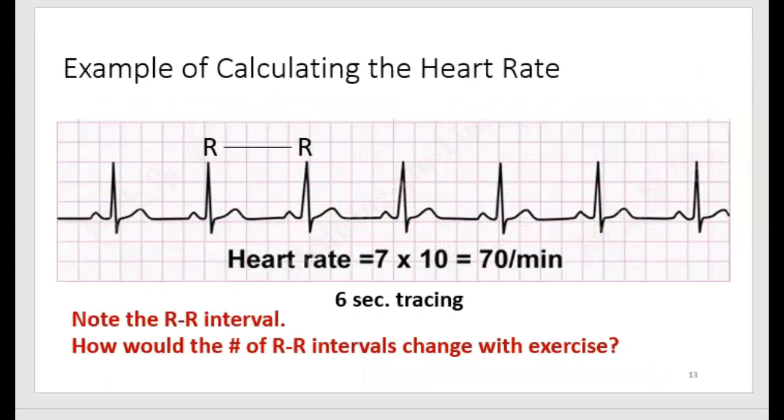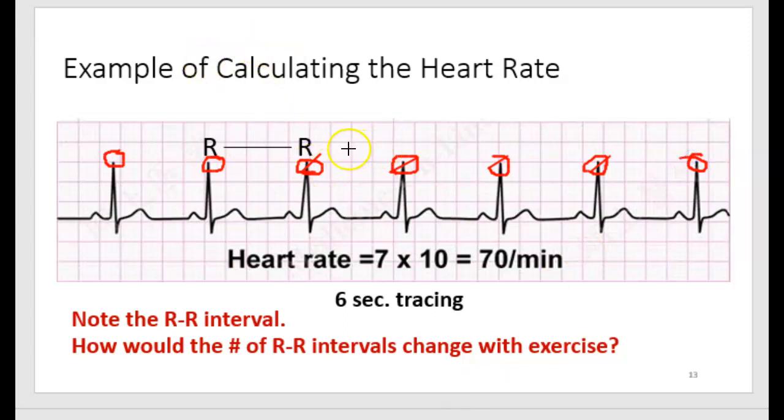So let's look at a real one. Here's an example of an ECG tracing over 6 seconds, and we usually count the R points here. There are 7 of those in 6 seconds. So how many would there be in 60 seconds? We just multiply by 10, and so you'd get 70 beats per minute.